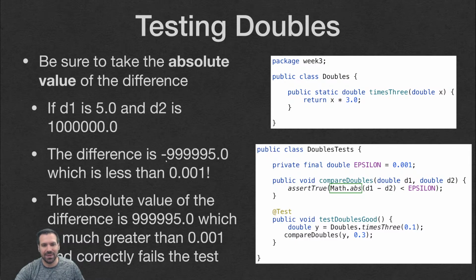Yeah, this is less than. So anytime D2 is larger than D1, your test case is going to pass. It's going to say, yep, those are the same. But D1 and D2 are definitely not the same, but it'll pass if you forget your absolute value. Take the absolute value. Now this is about positive 1,000,000, definitely not less than epsilon. Then you're good to go. So don't forget the absolute value on these.